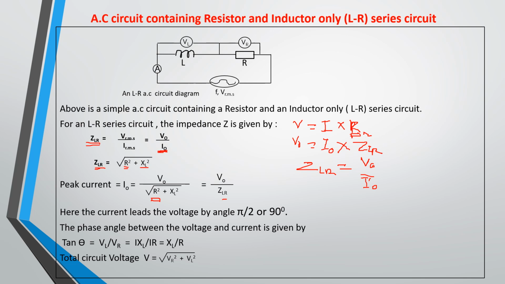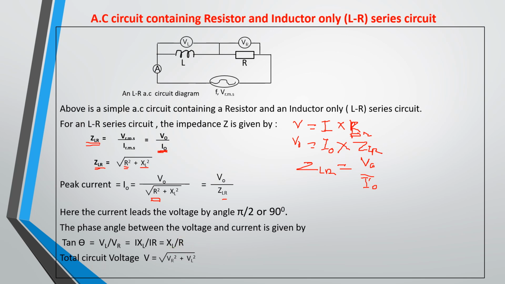All right, so in this particular arrangement, the current lags the voltage by an angle of 90 degrees, and the phase angle is equal to the inductive reactance over the resistance.